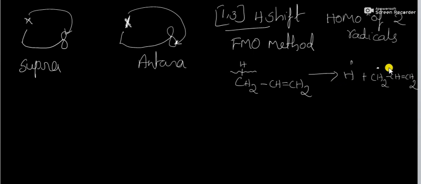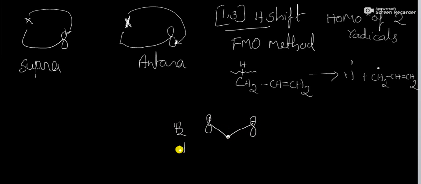So here this is our allyl radical, which is the HOMO of the allyl radical. From the pi MO diagram of the C3 system, we know that Psi2 is the HOMO of the C3 system. So Psi2, that is plus node minus, is our HOMO of the C3 system, the allyl radical.